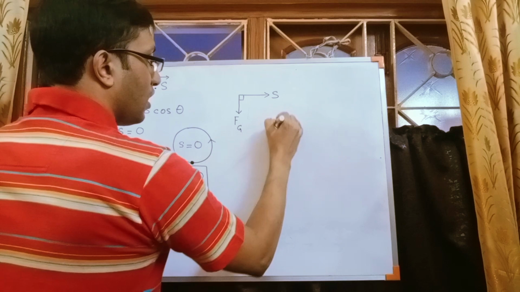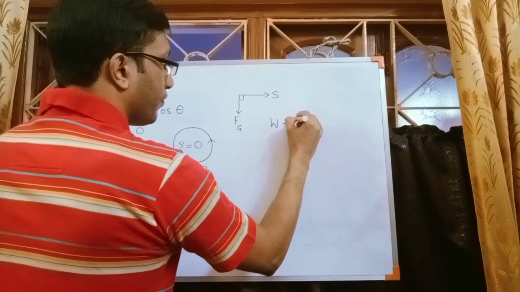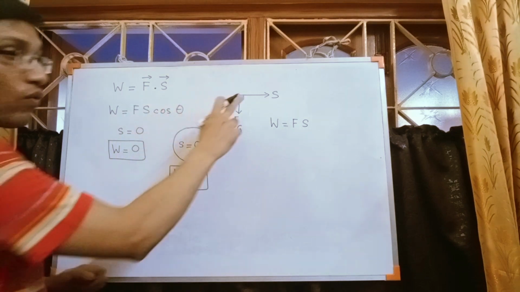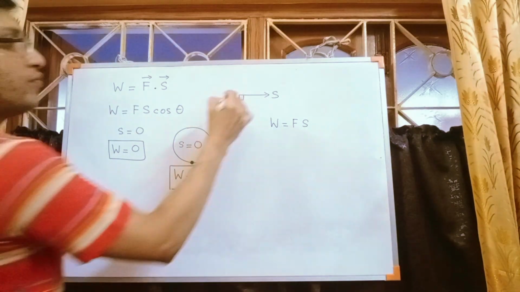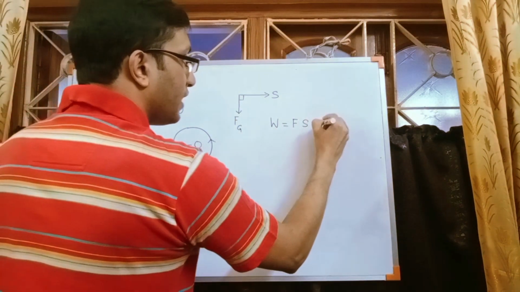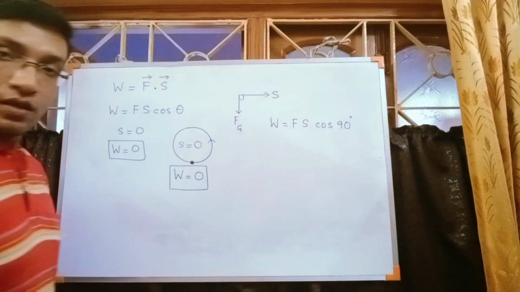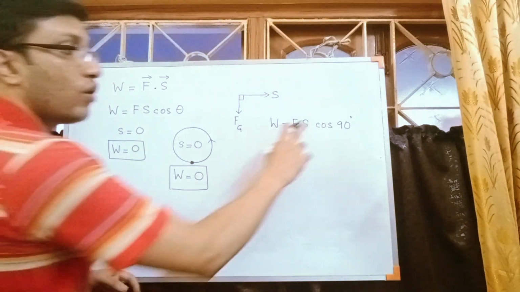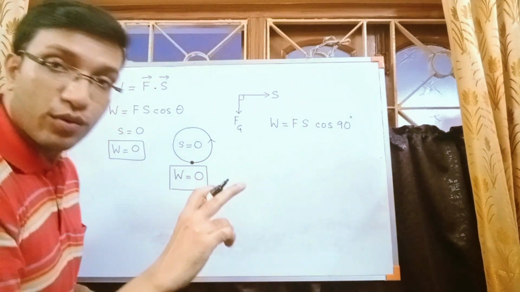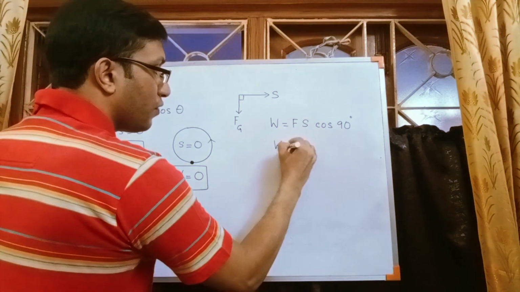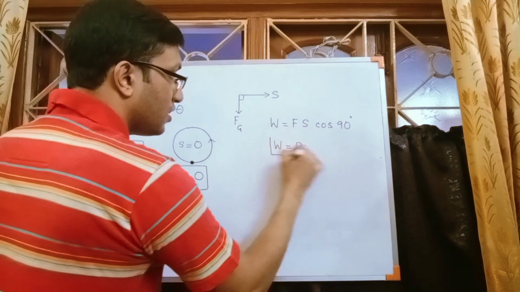So work done will be Fs cos theta. Now what is the angle between force and displacement over here? It is 90 degree. Right? Now we know that cos 90 is how much? 0. 0 multiplied with Fs gives us the overall value of work as 0.